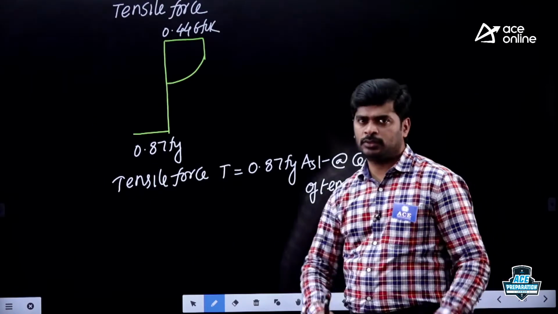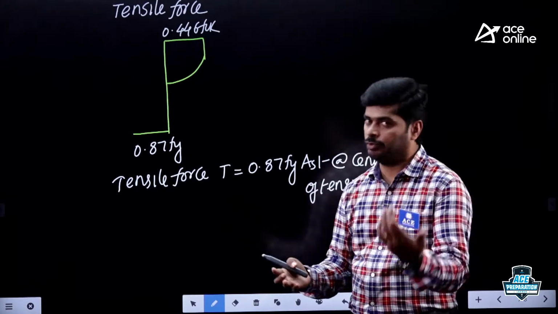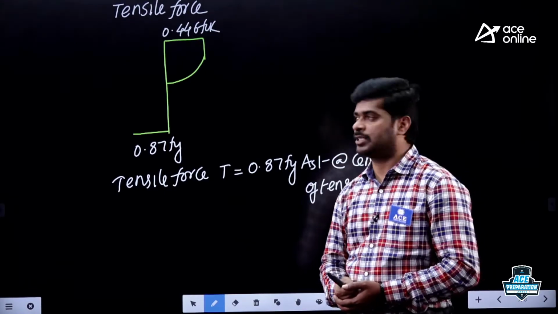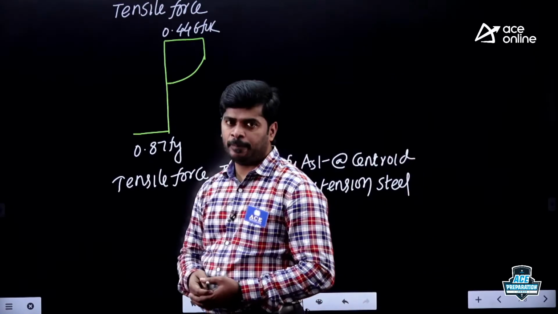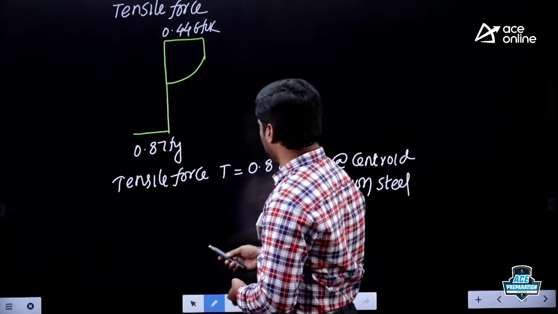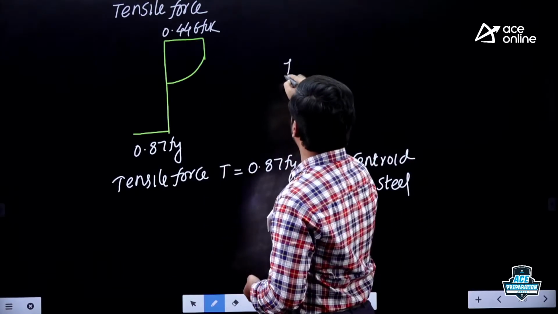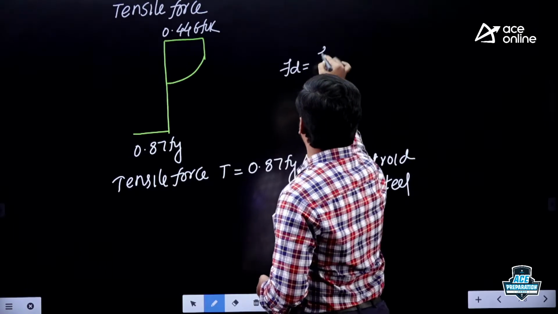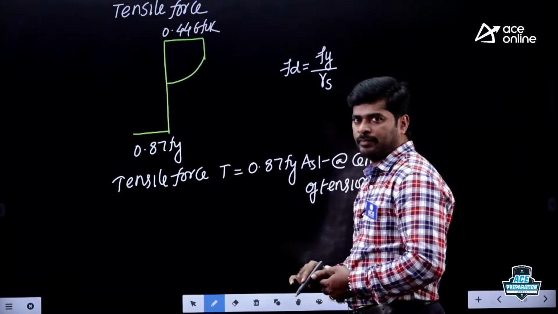tensile force. To find the actual depth of neutral axis along with compressive force, you must know how to get tensile force also. Tensile force is design strength of steel into corresponding area of steel. Here design strength of steel, how do you get it? Design strength of steel equals yield stress upon partial safety factor for steel.